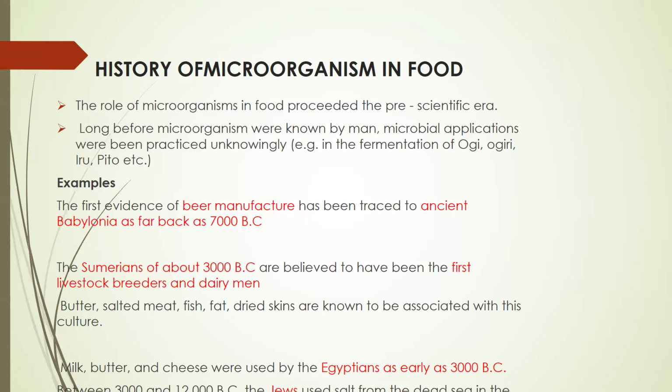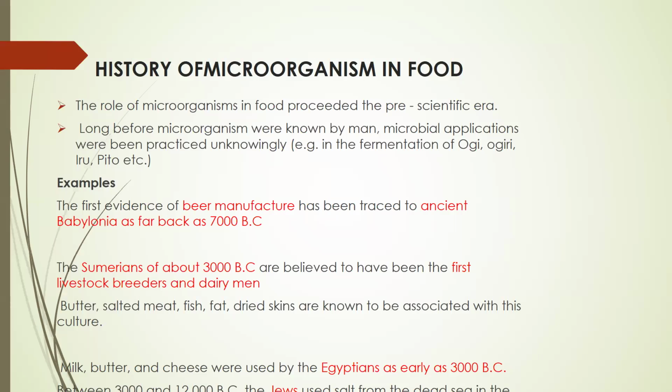Even in my own local environment where I came from, they didn't know anything about science or microorganisms, but they do produce cheese from cow milk. They milk the cow, and then they produce cheese from it by adding one or two things.